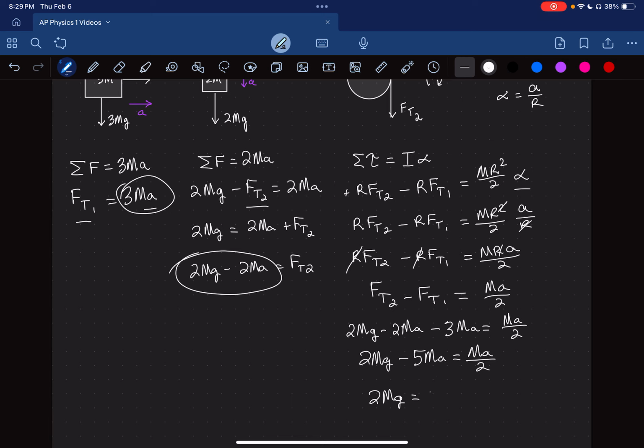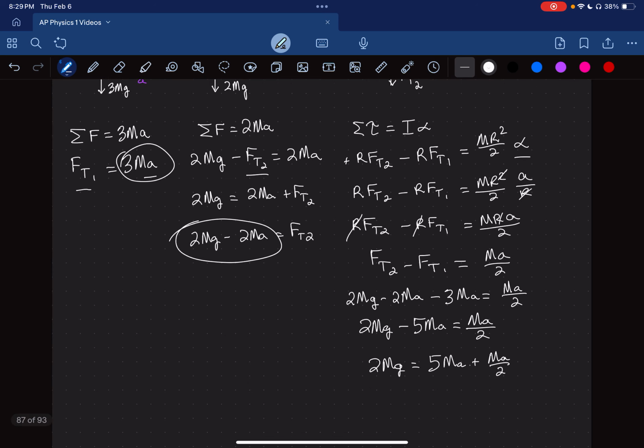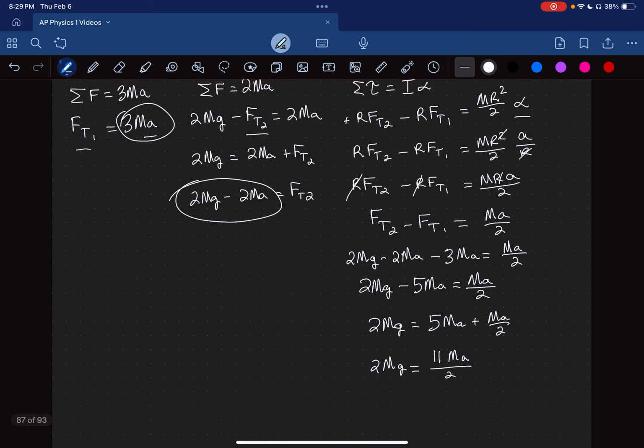But let's leave this in fraction form. So get a common denominator. This would be 10 over 2 ma plus ma over 2. This is 11ma over 2 is 2mg. You can cancel an m here. 2g equals 11a over 2.